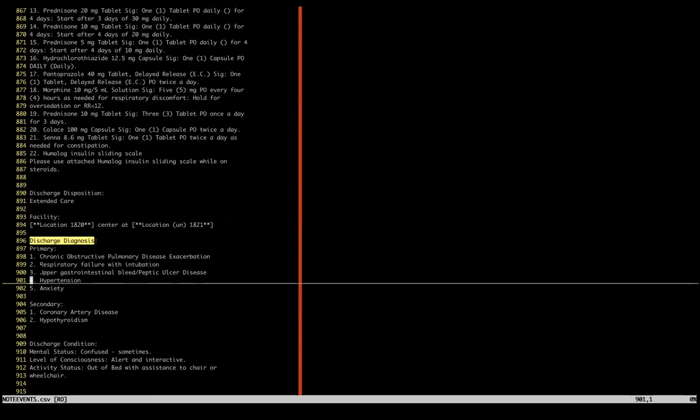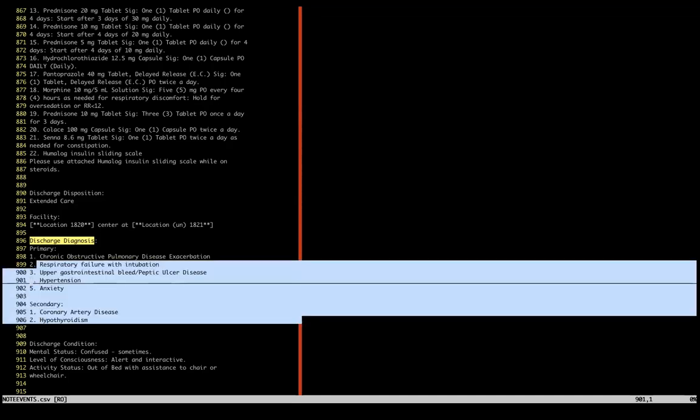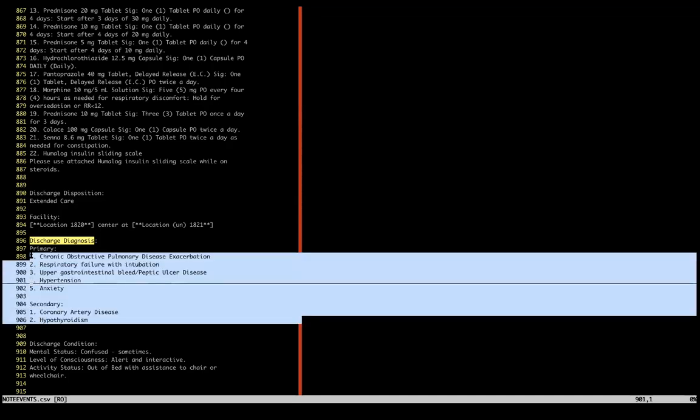Hypertension, anxiety, and secondary diagnosis is coronary artery disease, hypothyroidism. So about 1, 2, 3, 4, 5, 6, 7. So 7 diagnoses were given to the patient at discharge. So hopefully we can find the same set of information from the diagnosis table as well.